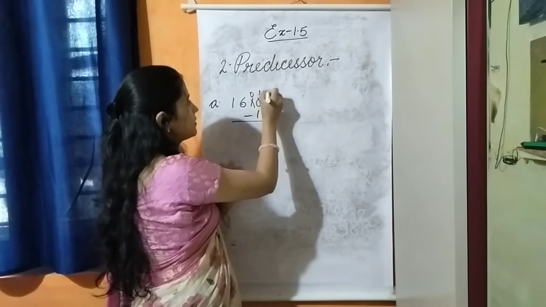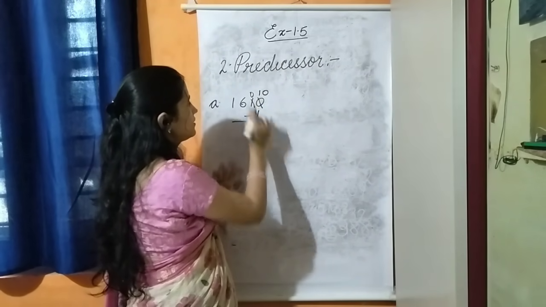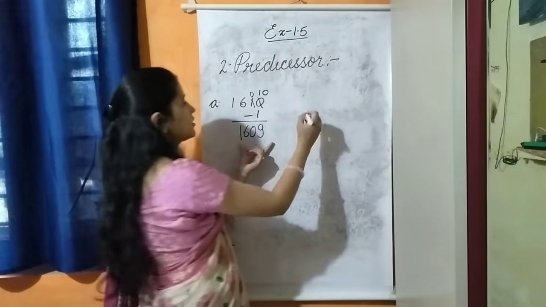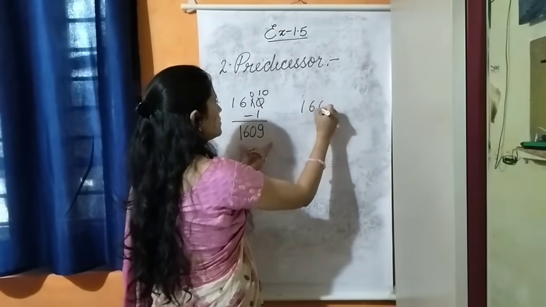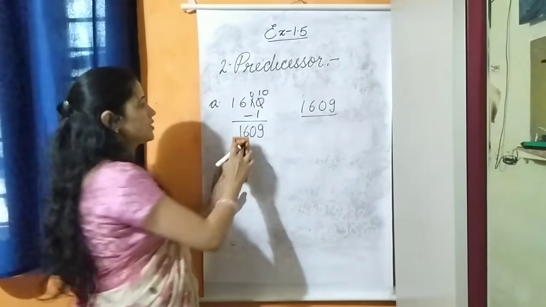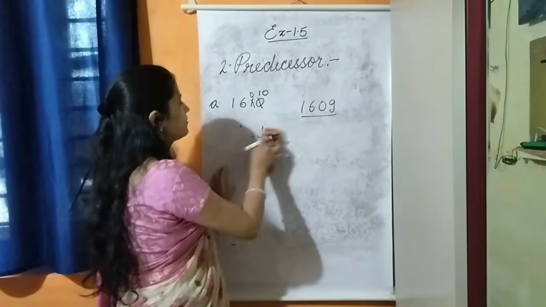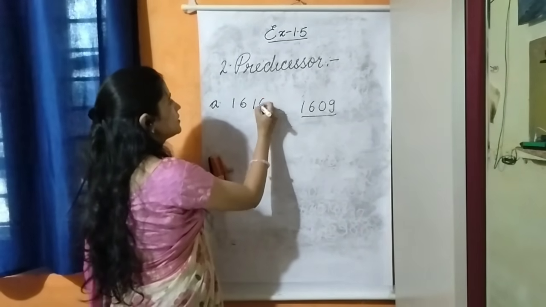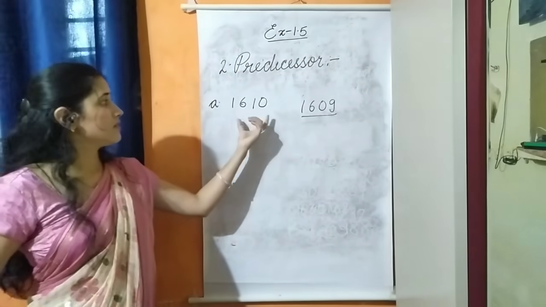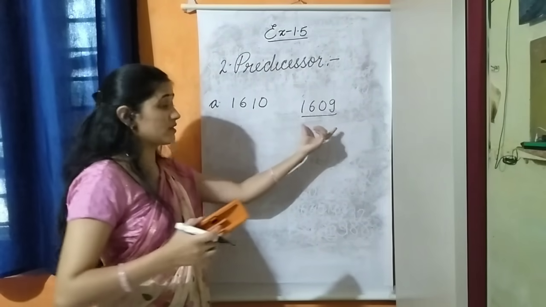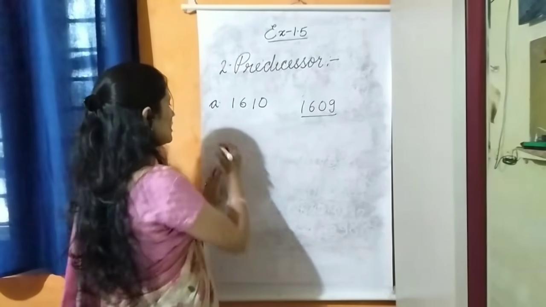This 0 will become 10. 10 minus 1, 9, 0, 6 and 1. So this is your predecessor, 1609. Okay, 1609 is the predecessor of 1610.